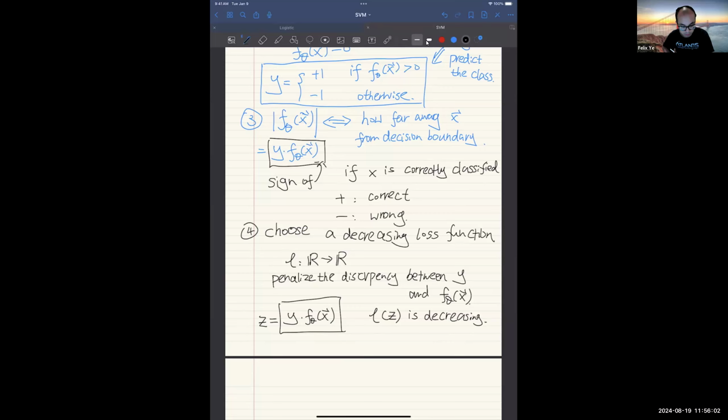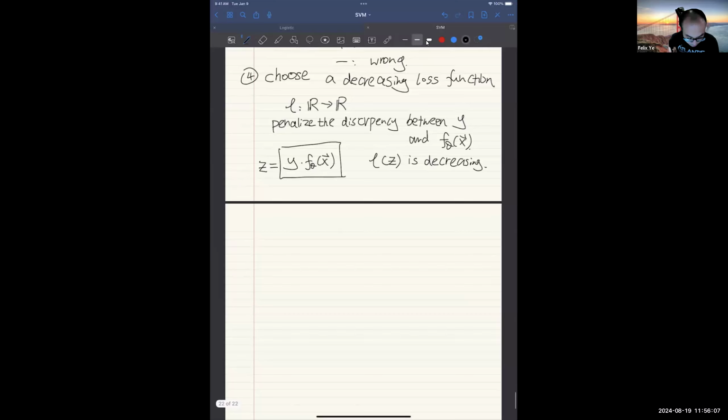So that's a choice of the loss functions. And of course, we can talk about the loss function a little bit later. Number 5.